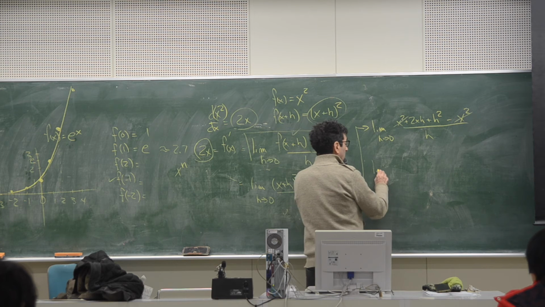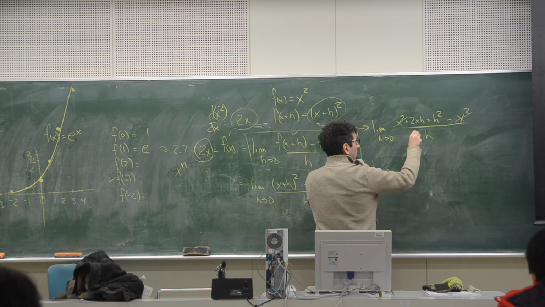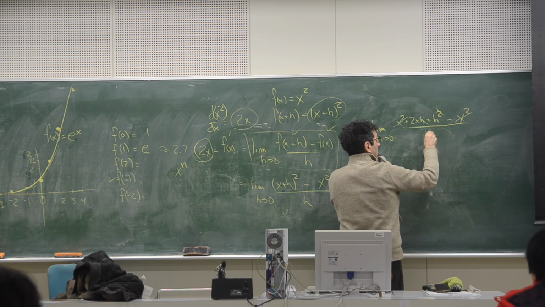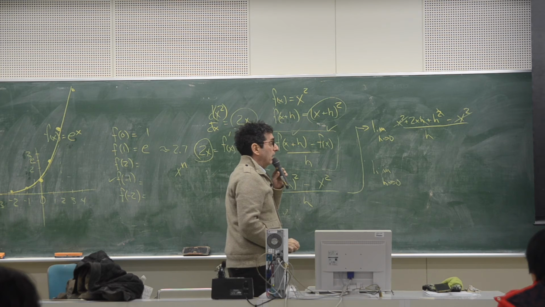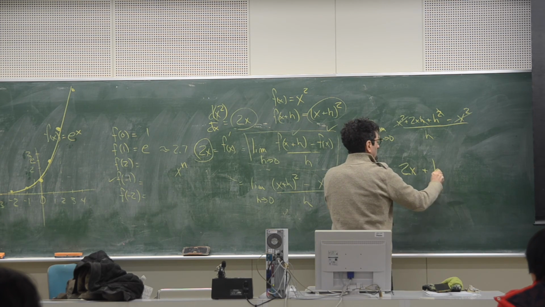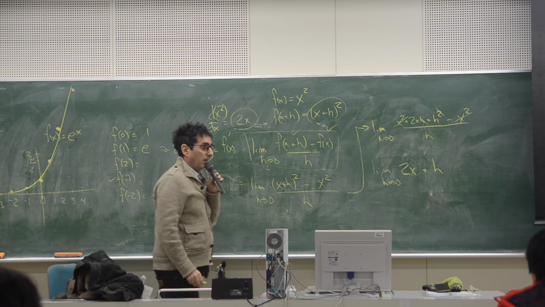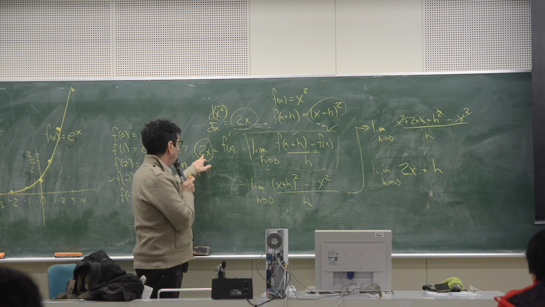Okay, so now we get limit h goes to 0. So this cancels with this, and one of these cancels with that. So now we get what? 2x plus h. Right? And now we can do the limit. And what do we get?